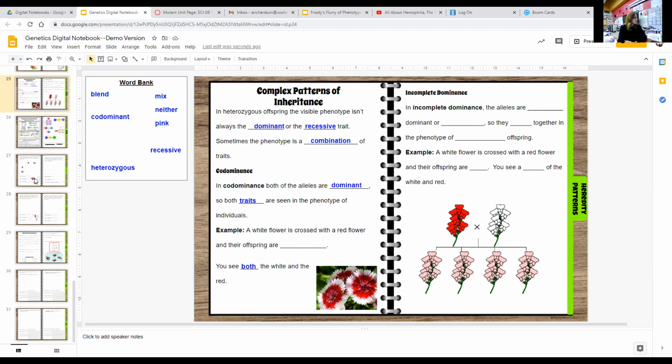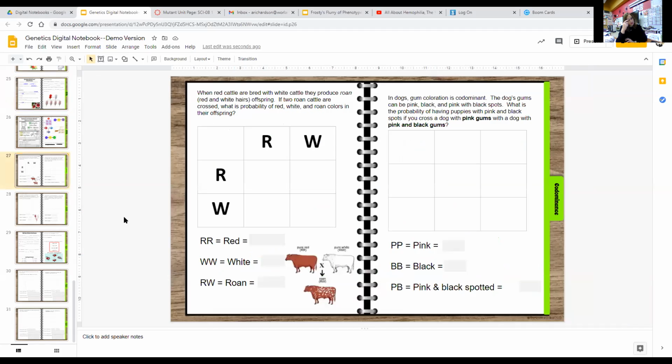All right. So let's look at your Punnett square for this. We're on slide number 27 right now if you've deleted everything. Our first question says, when red cattle are bred with white cattle, they produce roan, or red and white hairs, offspring. If two roan cattle are crossed, what is the probability of red, white, and roan colors in their offspring?